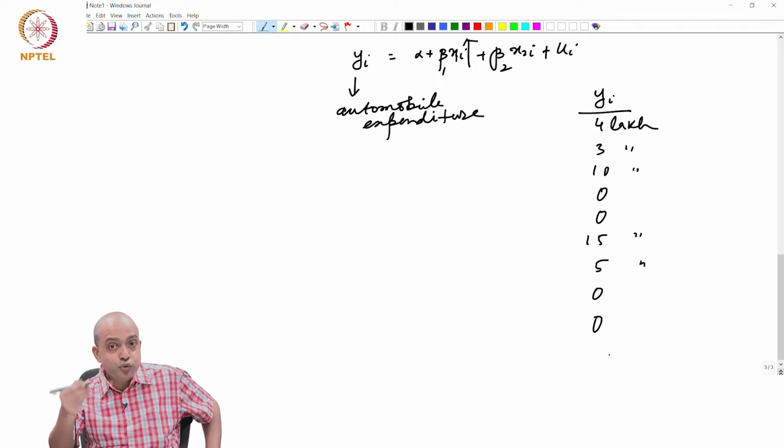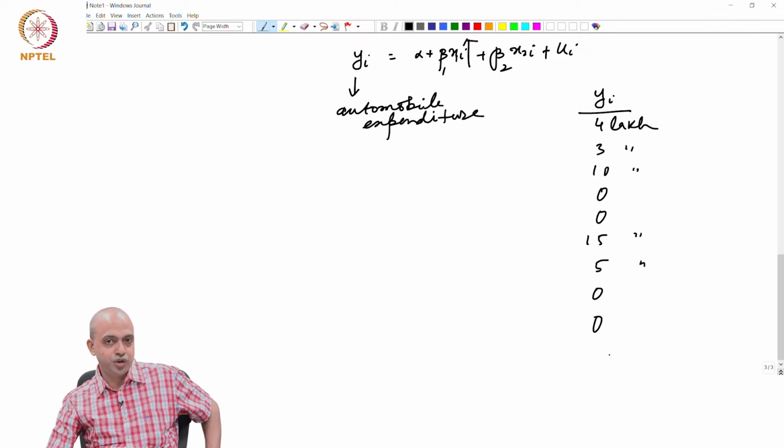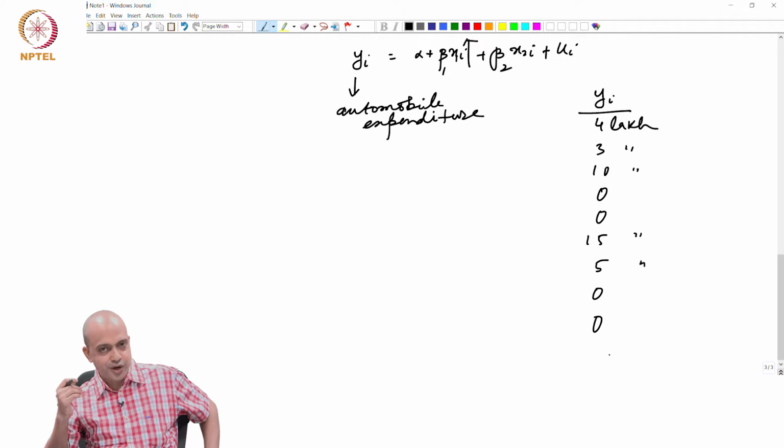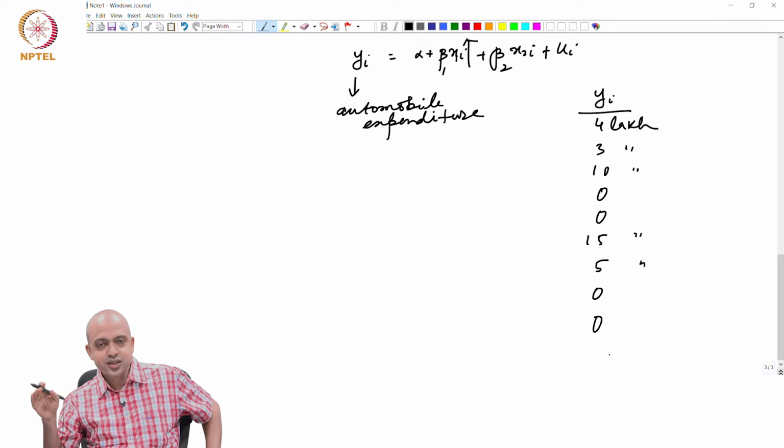So we will observe automobile expenditure only for those individuals who actually have an automobile. Others, since they do not have any vehicle, have automobile expenditure of 0. If that is the case, how are you going to estimate the model?